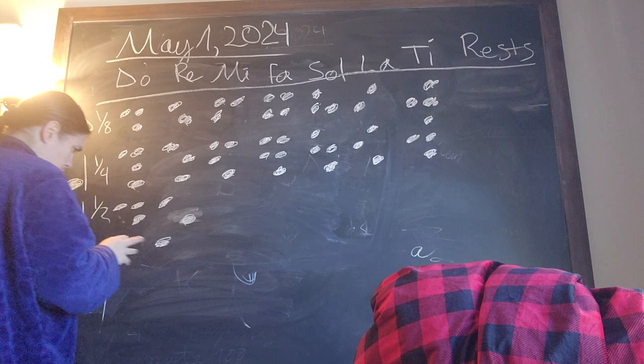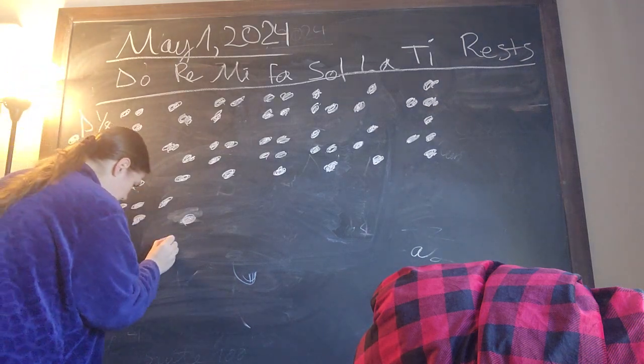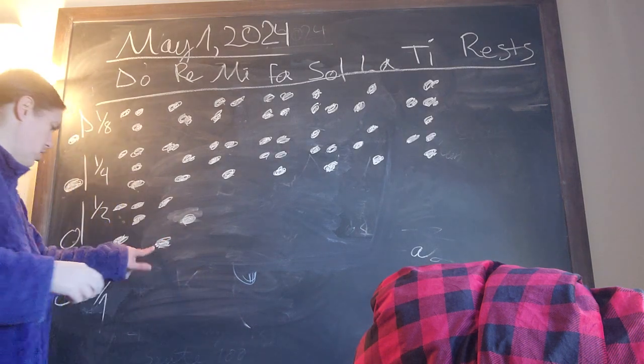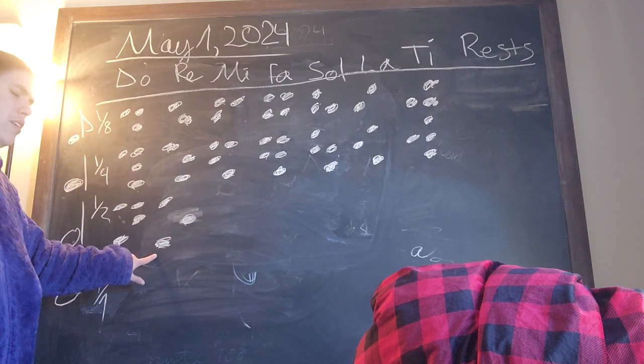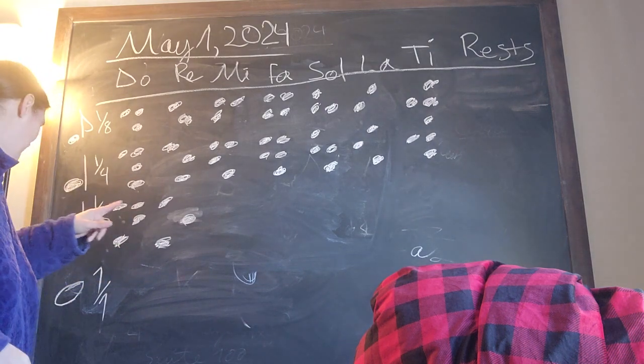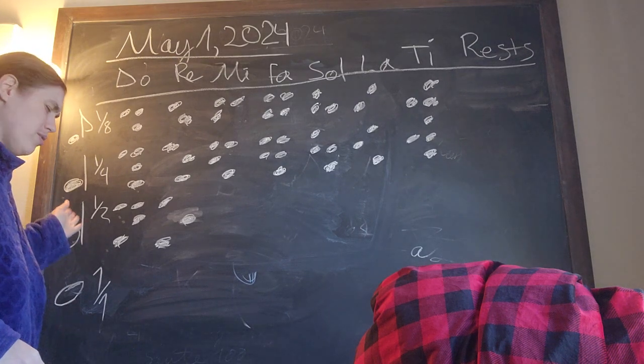That is 1, 5 or 1, 3, 5. 1, 5, 3 is your mi, re, and it is a half note.